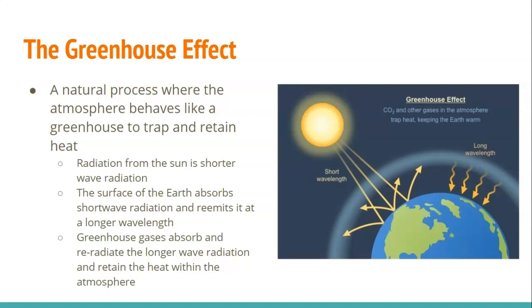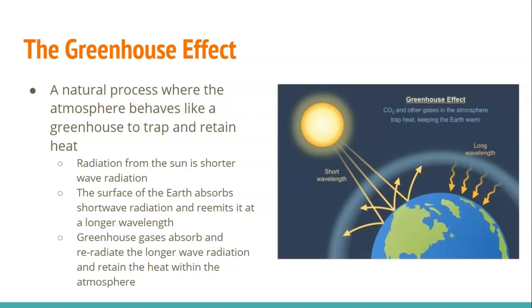So the sun is sending these wavelengths down, they're being bounced out into the atmosphere, and the gases in our atmosphere are absorbing and re-emitting those, keeping them within the atmosphere, which also allows the heat to stay in the atmosphere.